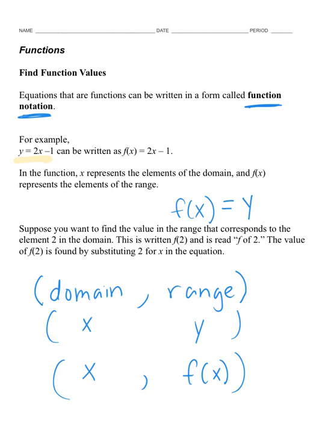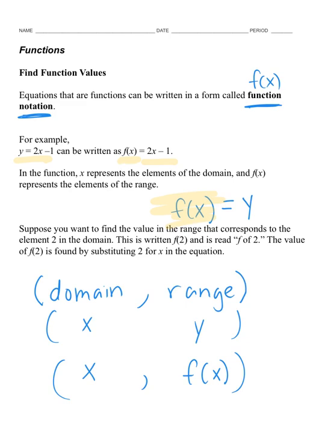The only thing they changed over here was the f of x. It's still 2x minus 1. So f of x basically means y. It's just a fancy way of saying it. It's the John Hancock of y. f of x is your function notation.